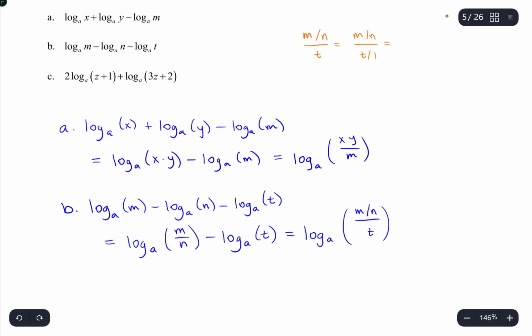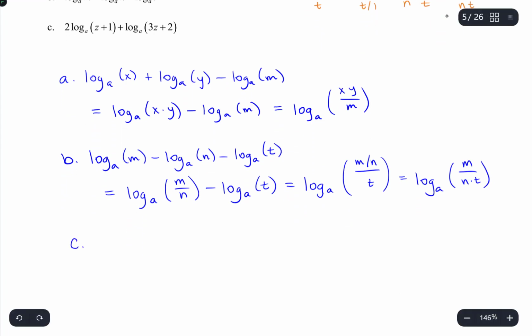And we never actually divide fractions. Instead, we multiply by the inverse. So the inverse of t over 1 is 1 over t. So this would reduce to m over n times t. So that would be a better way of expressing the final answer. So we'll say this is log base a of m over n times t.